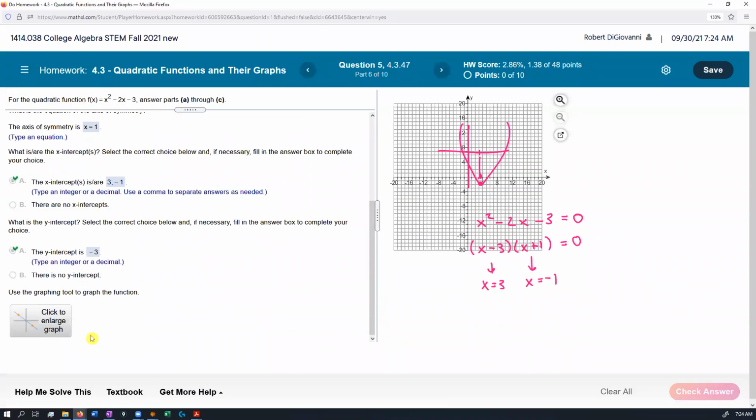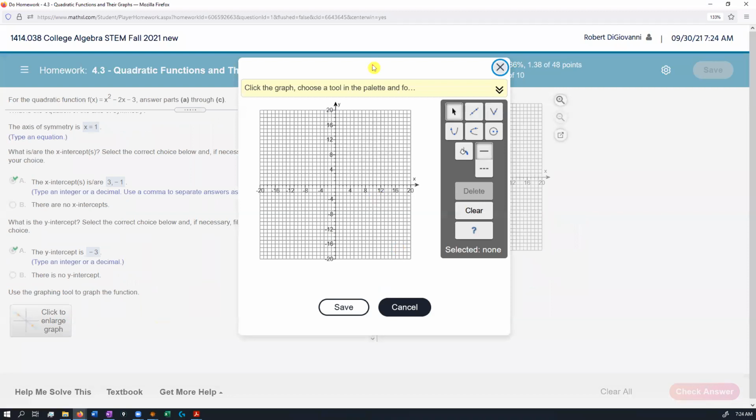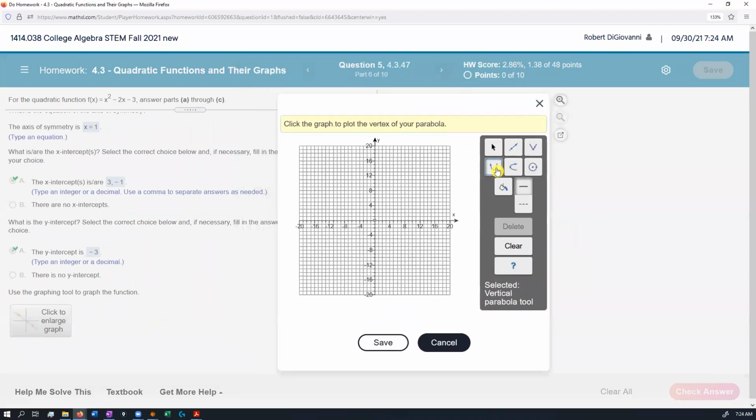And clear this out. Let's see, they want us to graph this. All right, so we have a parabola. We have a vertex of 1, -4. You can see up in the top right corner, it shows where we were right here.